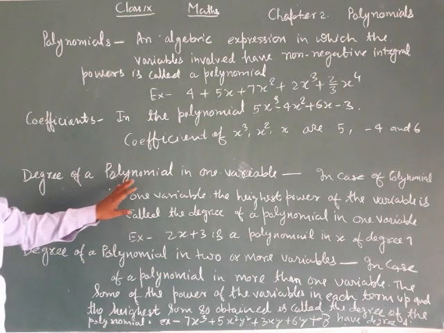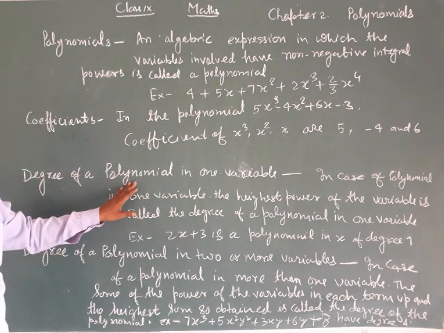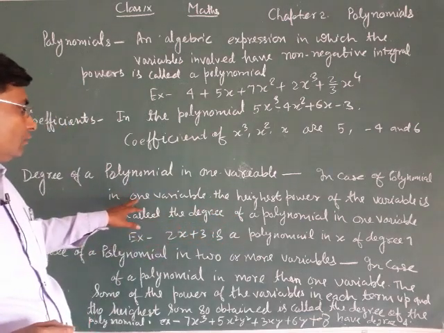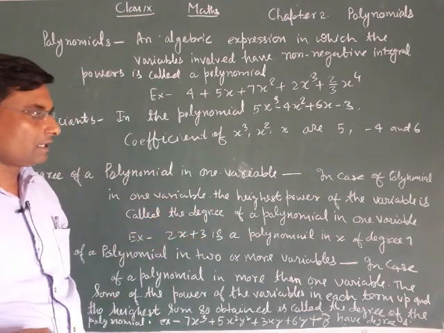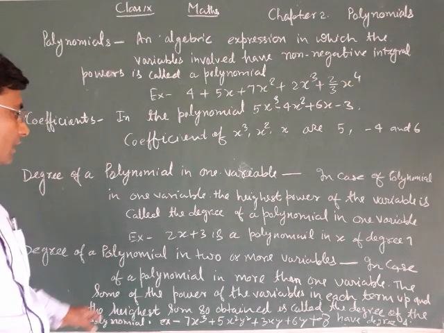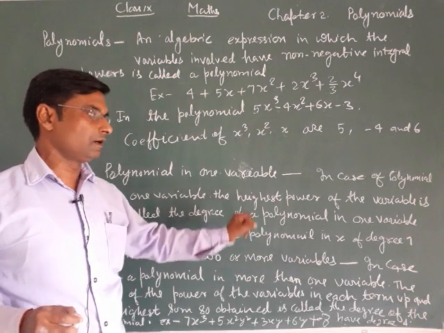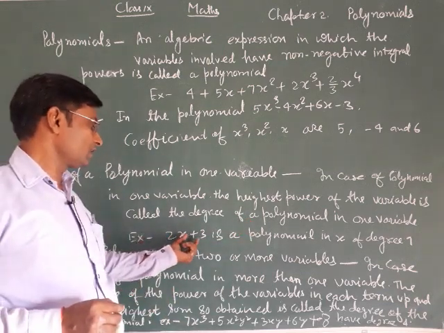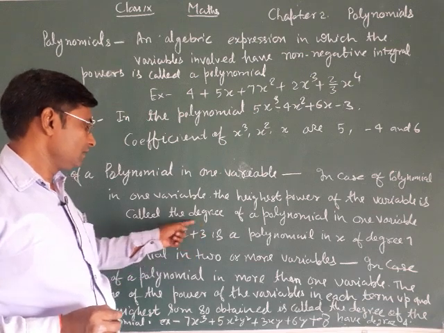Degree of a polynomial in one variable. In case of a polynomial in one variable, the highest power of the variable is called the degree of the polynomial in one variable. For example, 2x plus 3 is given.